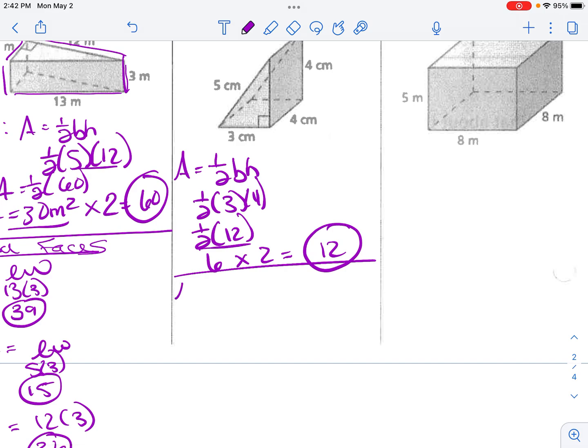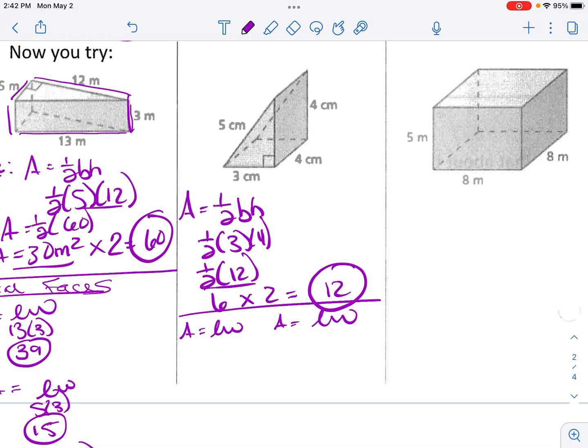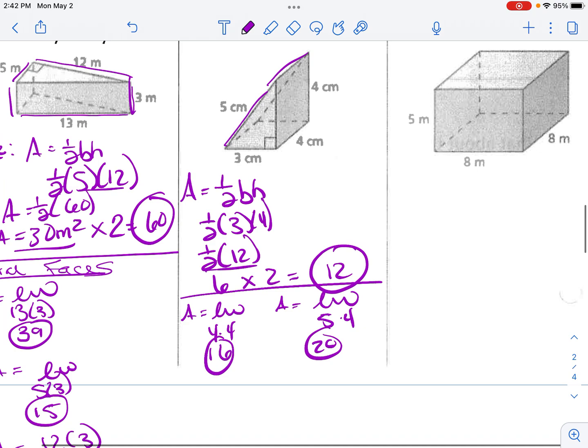Then for your lateral faces, okay, I've got a 4 by 4, which is 16. Let's see, I've got a 5 by 4, which is 20.